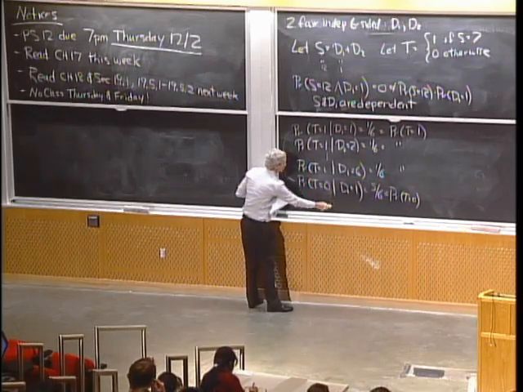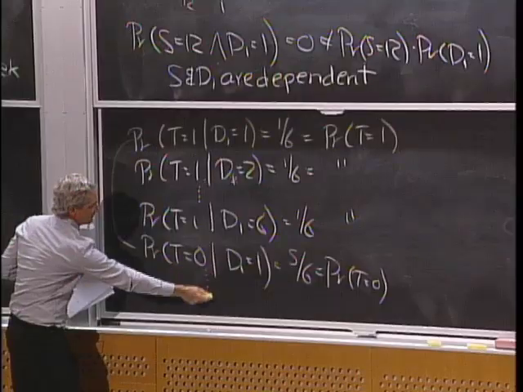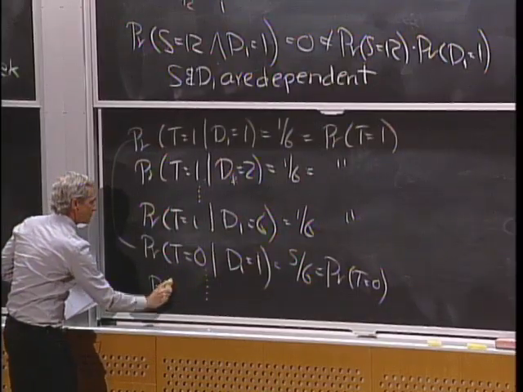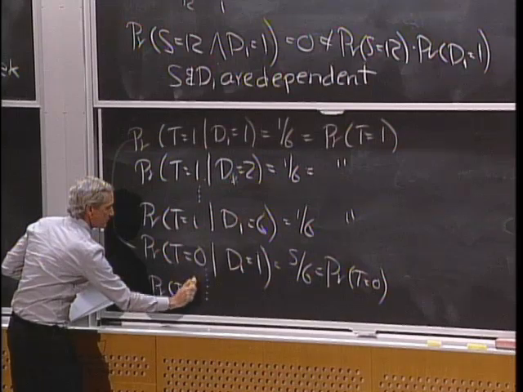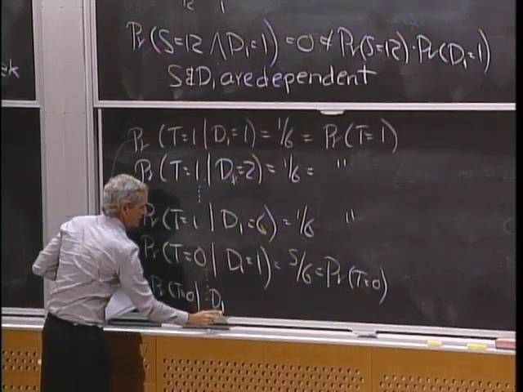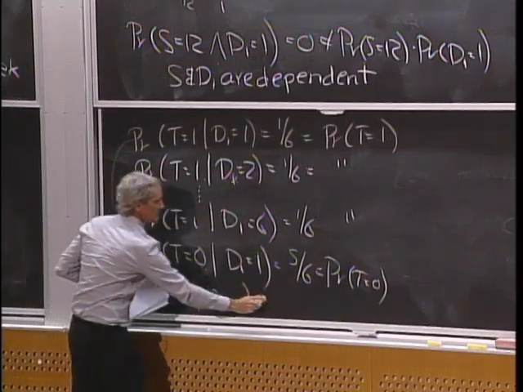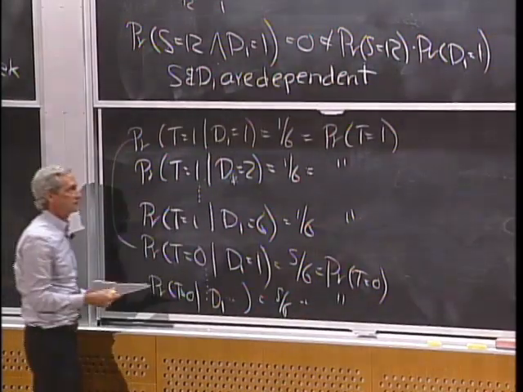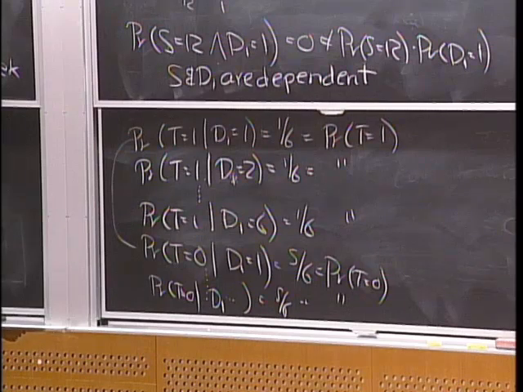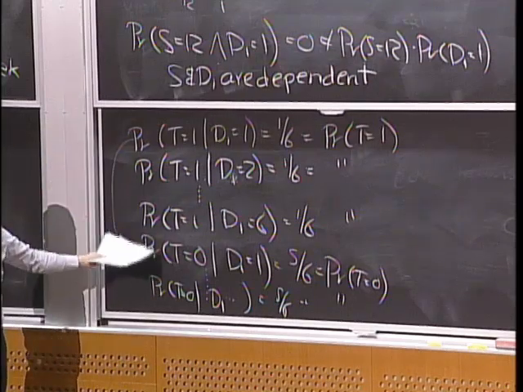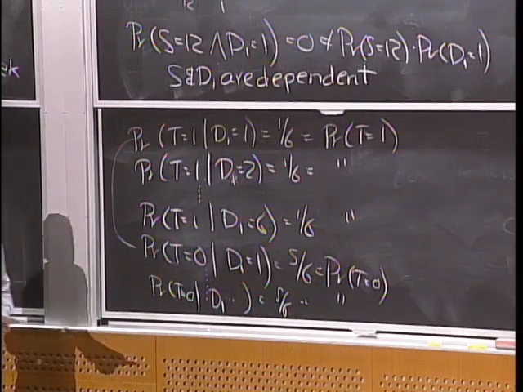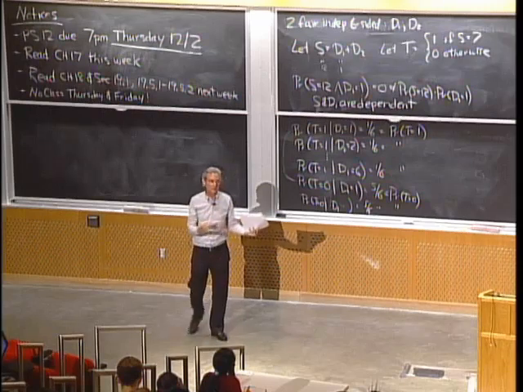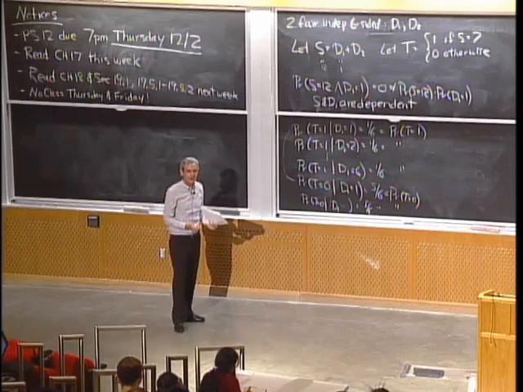And the same is true for the other 5 cases. The probability T equals 0 given any value of D1 is 5/6, which equals the probability T equals 0. So we check all possible values of T and all possible values of D1, and lo and behold, it works every time. So knowing the first die does not change the probability of getting a 7.